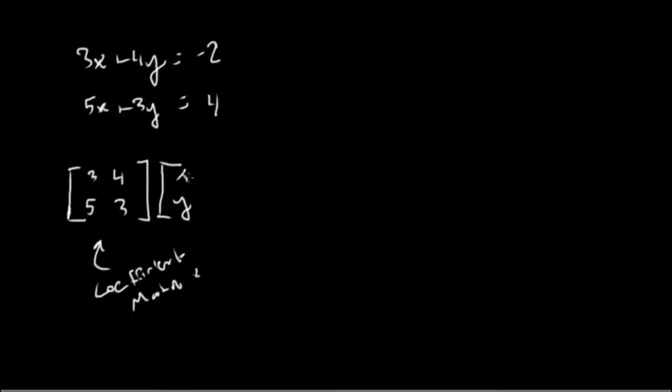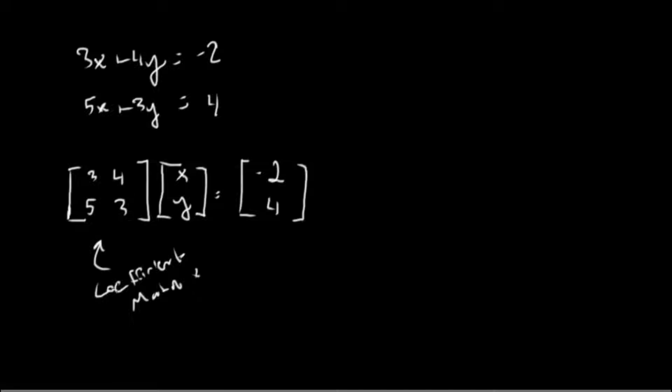Then we have it times the column vector x, y. If you think about it, this will produce these two expressions: 3 times x plus 4 times y, that's the first equation, and 5 times x plus 3 times y, that's the second one. And we want this to be equal to our solution vector, -2, 4. These are in fact the same thing.